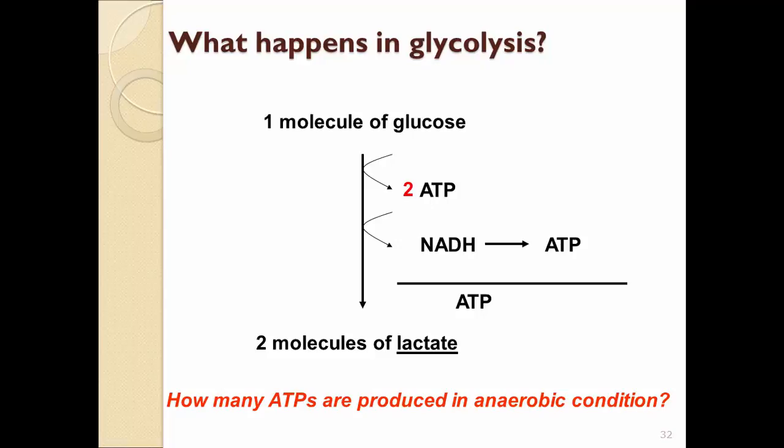So we need to subtract, to take away 2 ATPs that were utilized in the first stage. So that's why the net production of ATP is 2, right? Made 4 in the second stage and utilized 2 in the first stage.